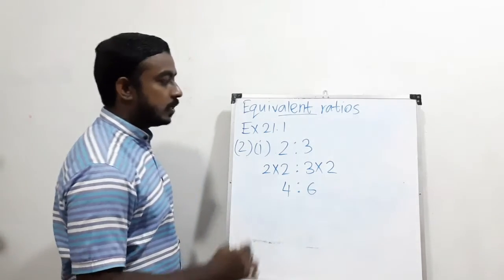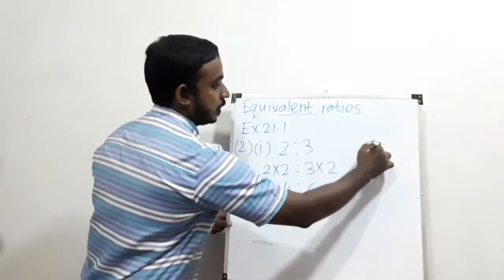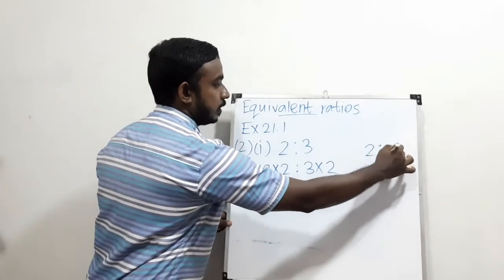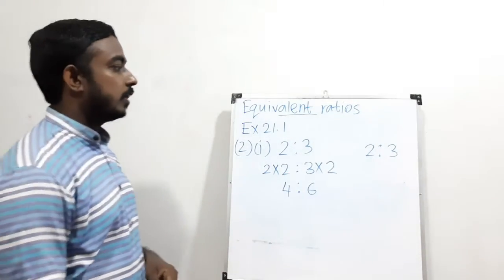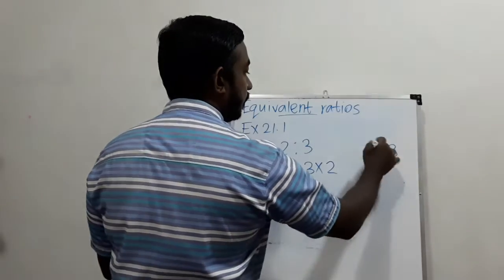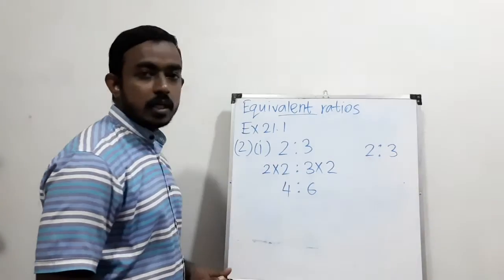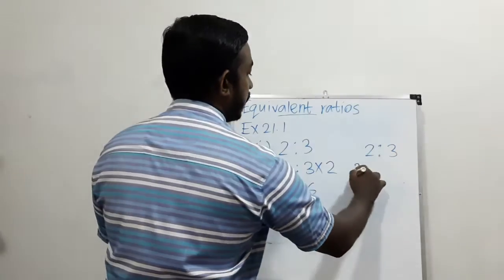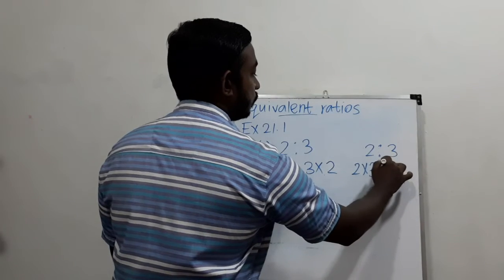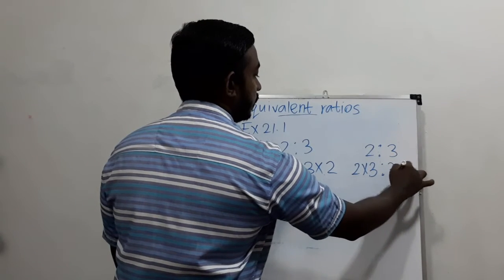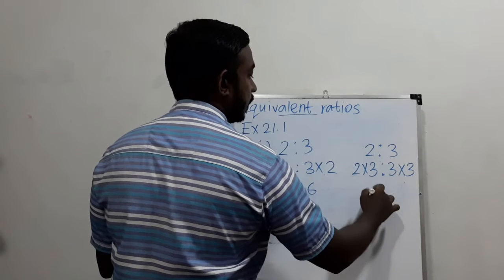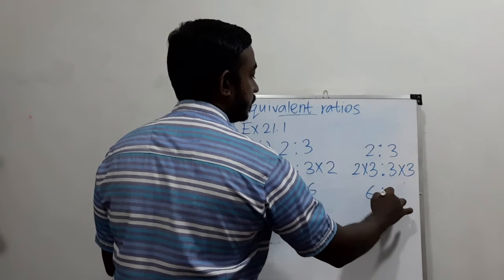So I can do the same thing again in here. 2 to 3. I can multiply both these two terms by 3. Then 2 into 3 and 3 into 3. So here I will get an answer as 6 to 9.